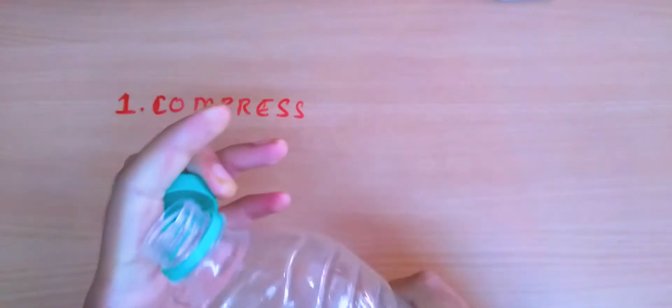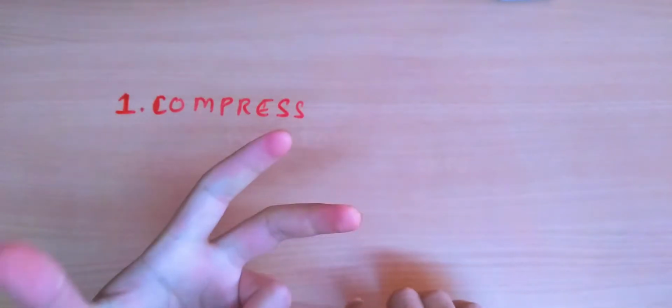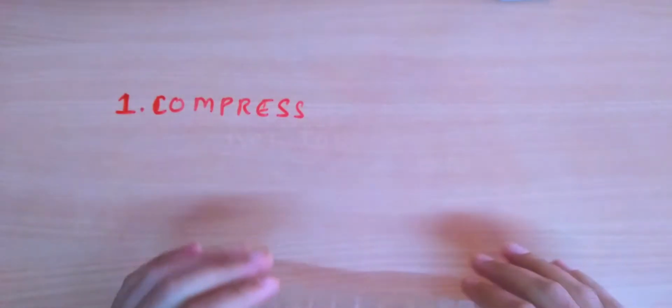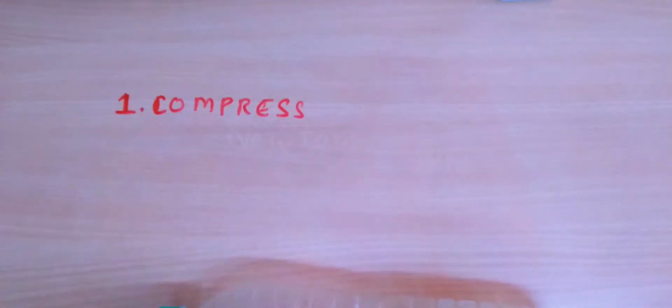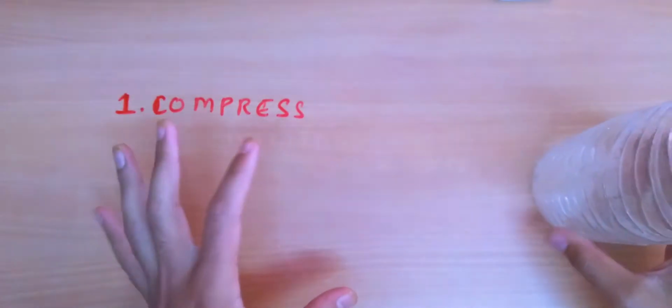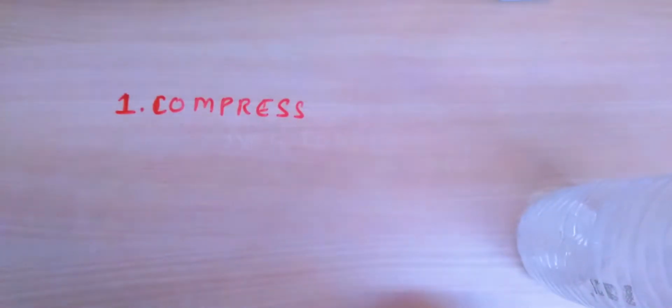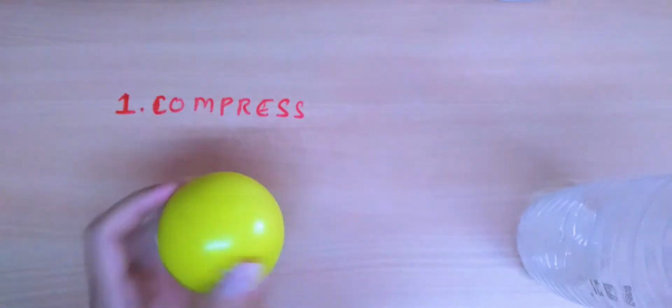So yeah, a better example would be a syringe. If you take an empty syringe and try to push it from one side, the air inside the syringe will get compressed. Obviously by blocking the other side, you can compress air, but I don't have a syringe right now. But yeah, the basic idea is you can compress substances using force. Also, I have another demonstration to show you the same thing, which is using this sponge ball.